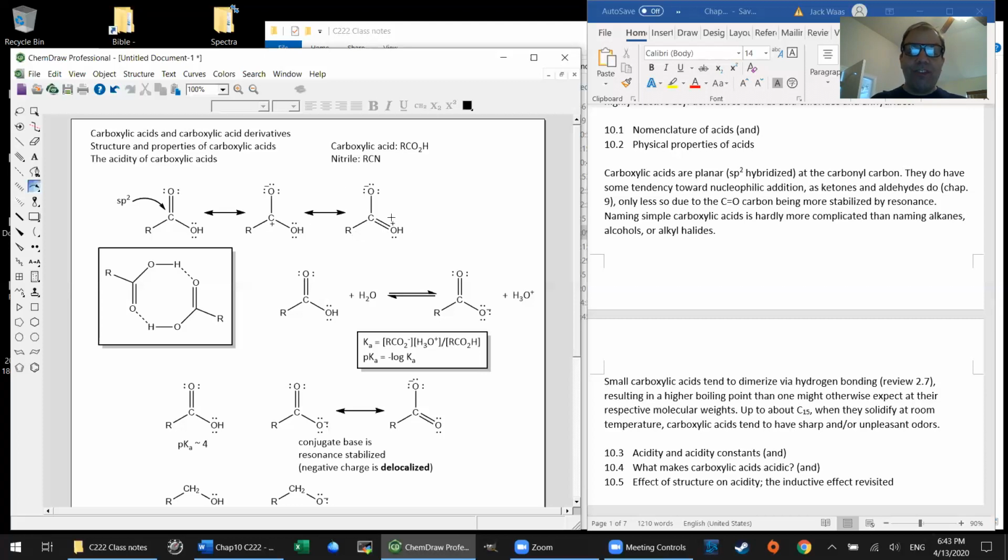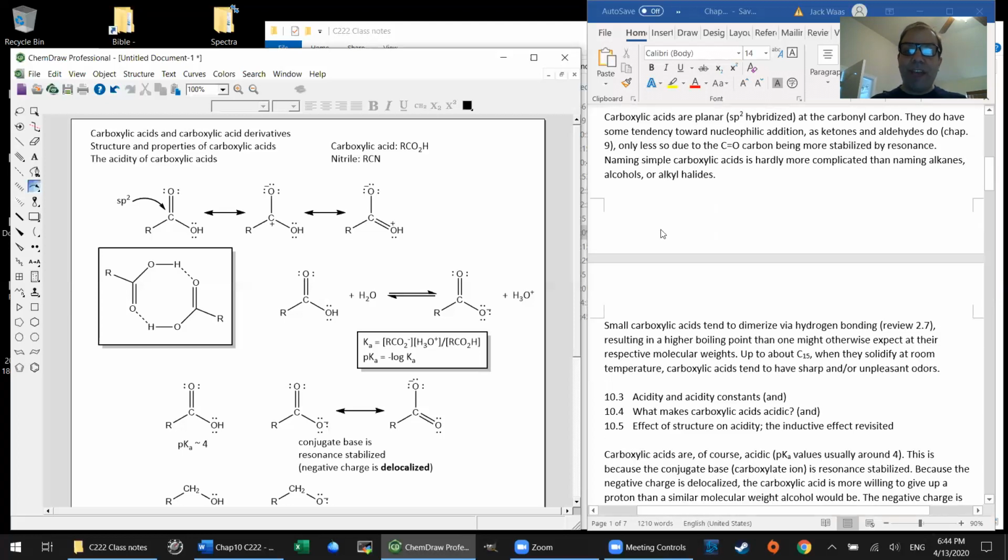So there's this other resonance contributor here. You find something similar, in fact, with esters, which we'll get to later on. So carboxylic acids are the least reactive of the class of compounds that includes them and all their derivatives.